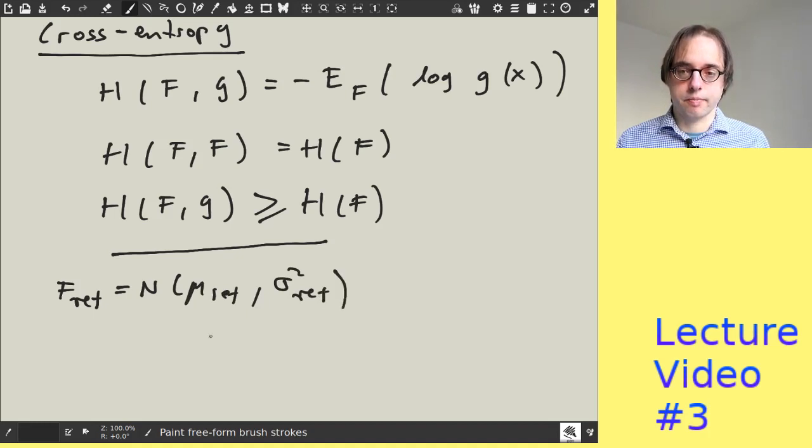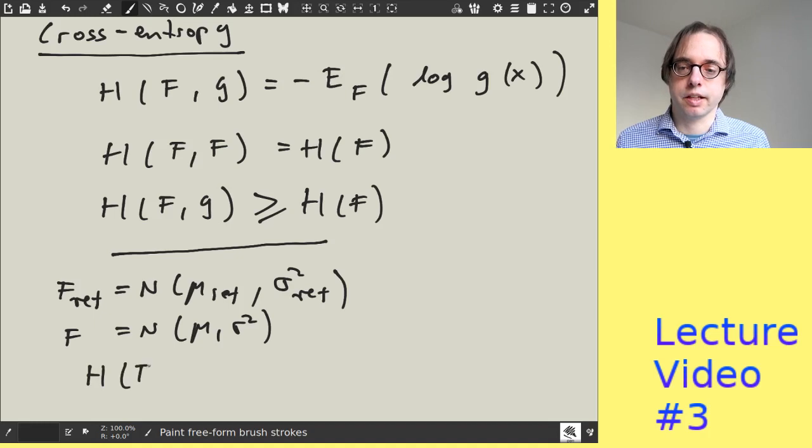And then we have our distribution f, which is just normal with mu and sigma squared. Then you can compute the cross entropy between f ref and f.